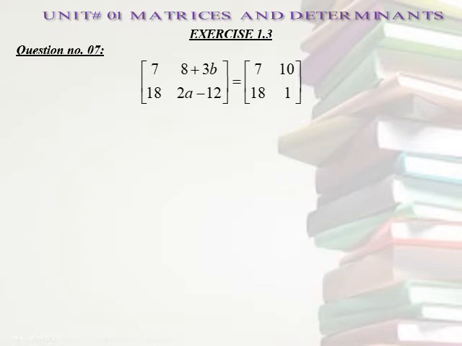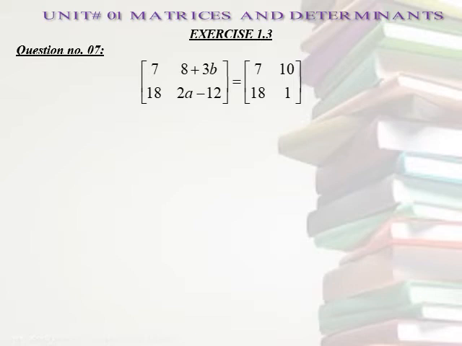As you can see that these two matrices are equal, so according to the condition, entries of first matrix should be equal to the entries of second matrix. So here first entry of first matrix is 7 and the first entry of the matrix on the other side of the equation is also 7.